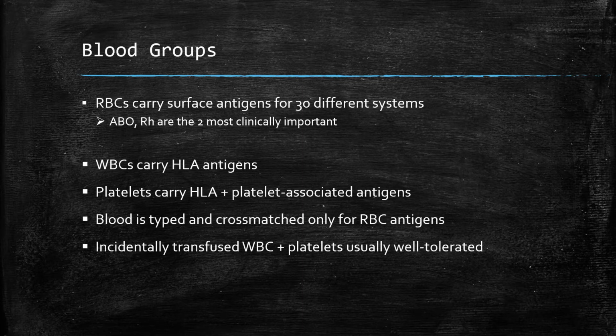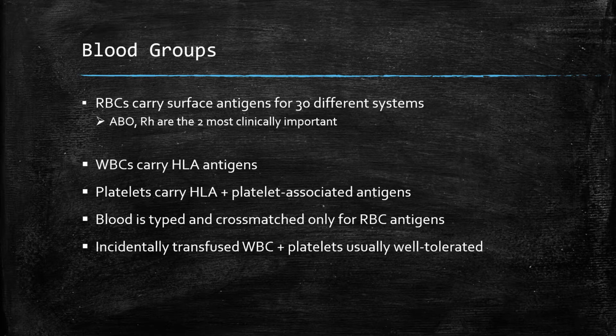Red blood cells carry surface antigens for at least 30 different blood groups. But as it turns out, only the ABO and Rh groups are clinically important. All the rest of the groups are lumped together and considered as minor transfusion antigens and only rarely cause us a clinical problem.